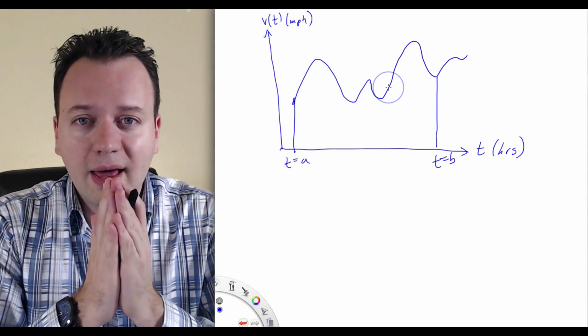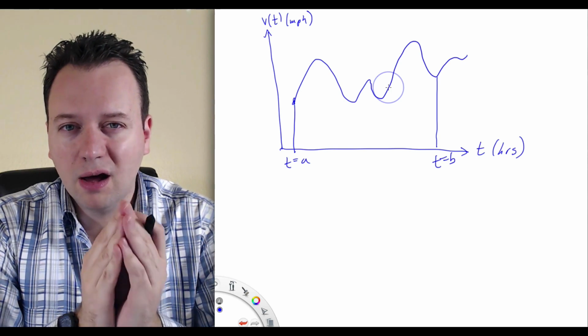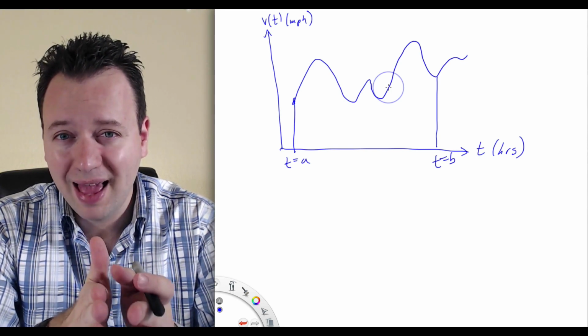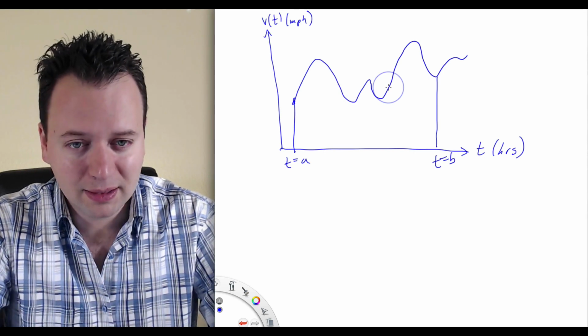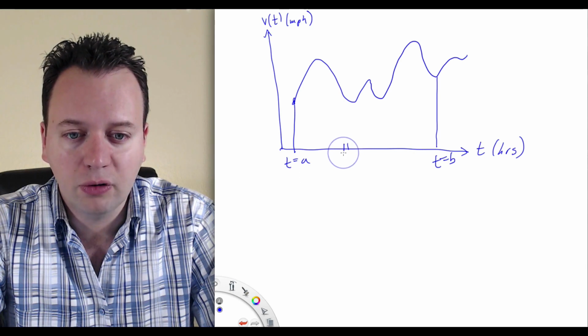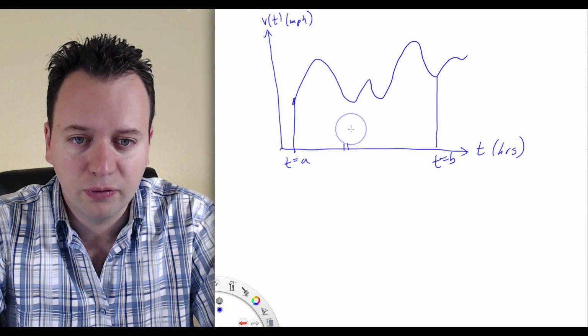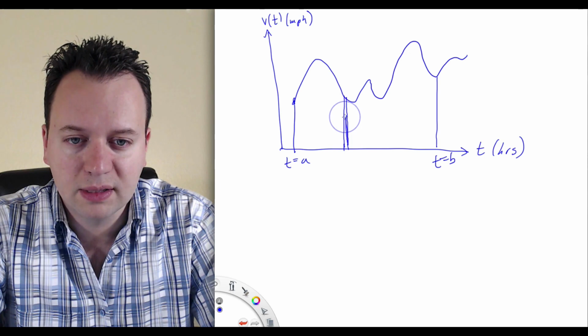Well, the answer to that is as follows. Even though we have a non-constant velocity, you can still break down the interval from a to b into a bunch of small, tiny pieces. If I just look at how far I travel for this small interval, I have to look at what's happening between these two moments in time.